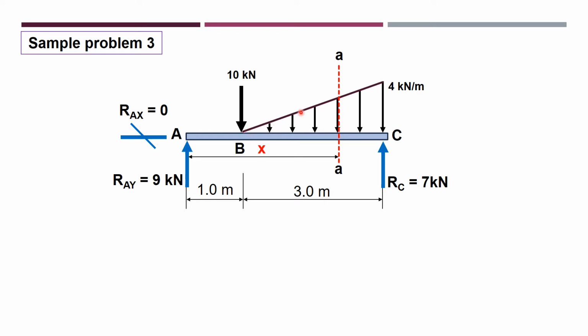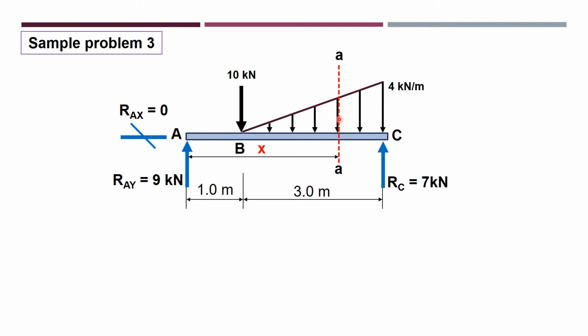Kapag kasi triangular ang load mo, yung makikita mo na magnitude dyan, ang nire-represent niyan ay itong highest side niya, or yung pinaka malaking ordinate. So this represents 4 kilonewtons per meter. So yung ibang ordinates dito, hindi yan 4 kilonewtons per meter. Kagaya nito, this is 0, kasi nga, this is varying, gradually increasing from 0 to 4 kilonewtons per meter.